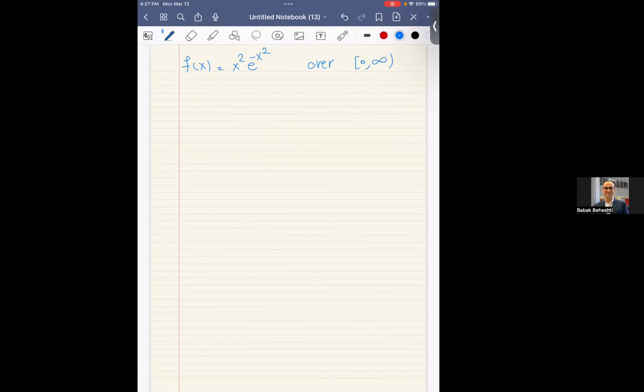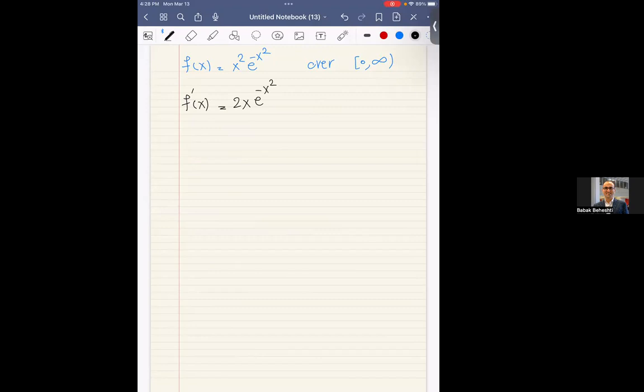Okay. So again, it's the same thing. No matter what the interval is, you have to compute the derivative anyway. So f prime, and I will tell you at the end what is the difference when you have an infinite interval. So f prime, let's compute this. It's a product. So it's 2x times e to the power minus x squared.